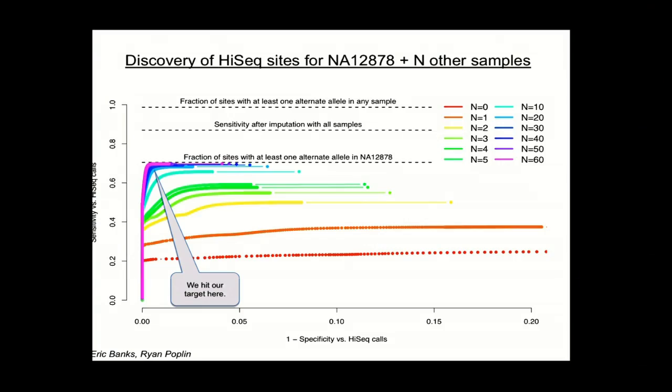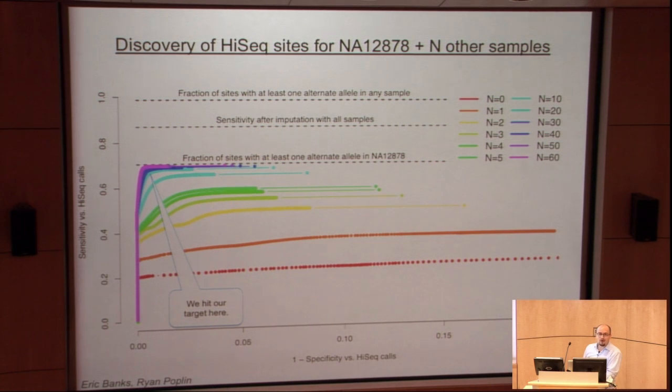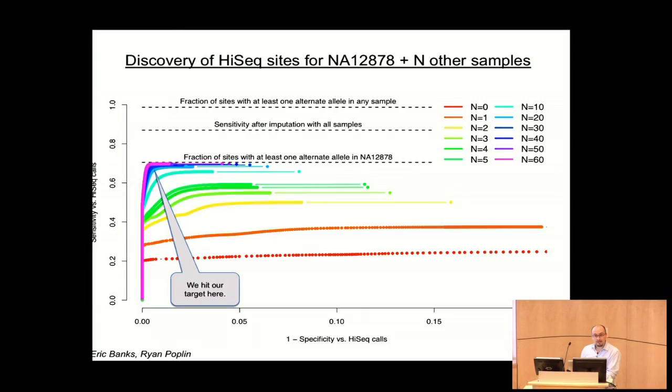And the last line is the one that I personally think is very exciting, and I certainly will keep my team busy for a long time. The upper line is the fraction of sites where there's at least one alternate allele in any sample at 4x coverage, at all sites that are variable in the HiSeq data set. So in principle, we should be able to get to 99% of all the calls with only 60 people in this data set.